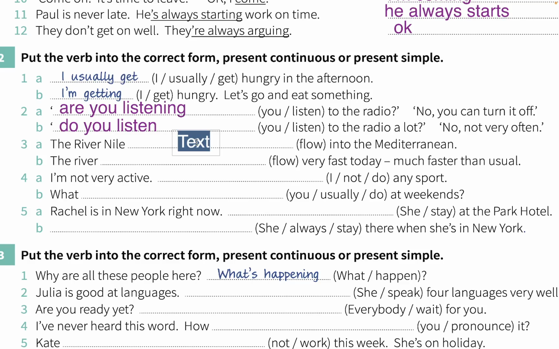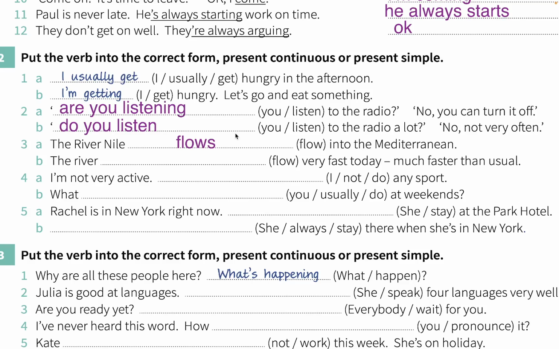Okay. For number 3A, it's the river Nile flows into the Mediterranean. So it flows. Why is it flows and not is flowing? Because we have the subject here and it flows, so it's always happening, it's permanent.